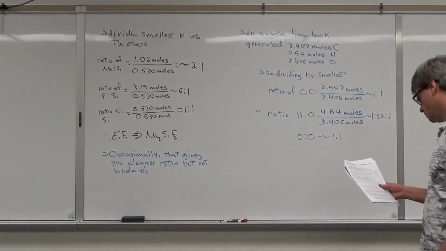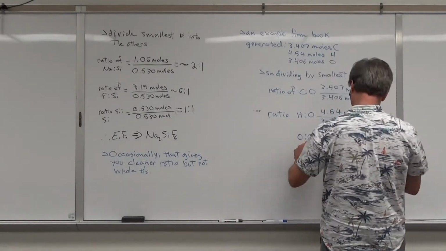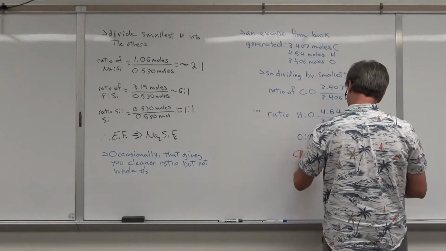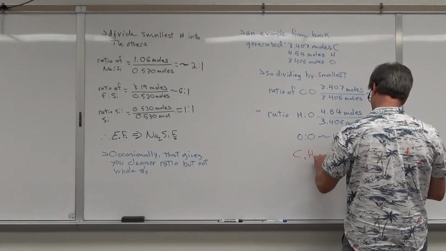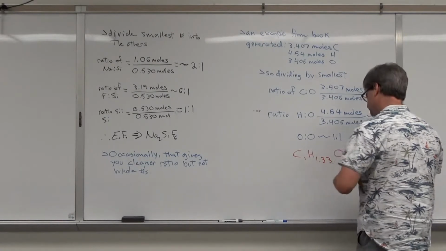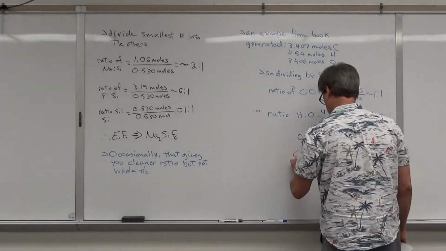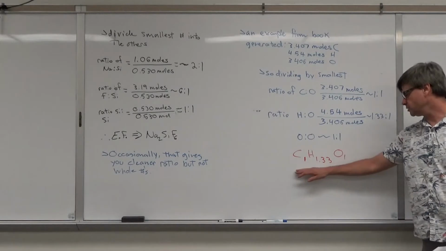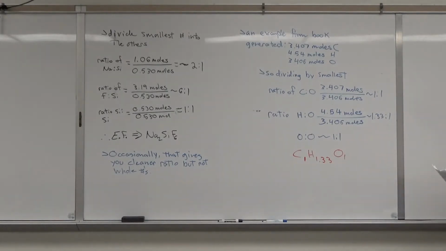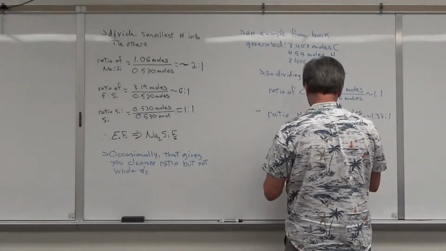Okay. So now, what that would give you, if we were to create a formula, that's going to be C1H1.33O1. And clearly, you can't have 1 1/3 hydrogens. You don't have the simplest whole number ratio. So what do we do?